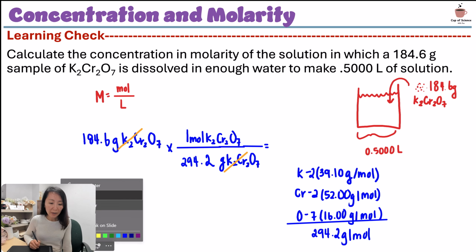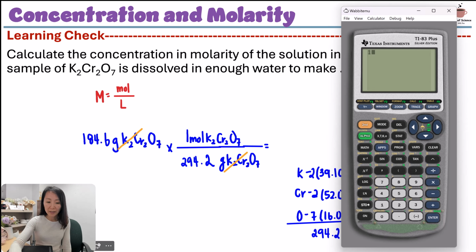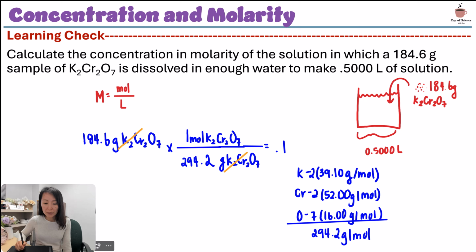So we'll go ahead and calculate this out, and let's calculate this together actually. We have 184.6 times the 1, which will be the same thing, and then divided by the 294.2, and then my mole is 0.6275. 0.6275 moles.